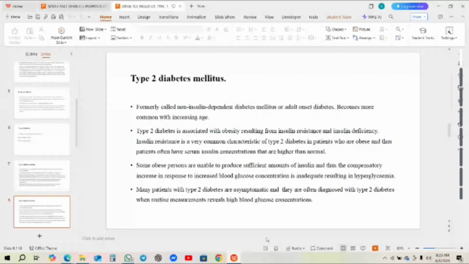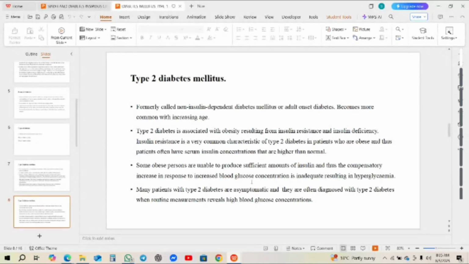Insulin resistance is a very common characteristic of type 2 diabetes in patients who are obese, and thus patients often have serum insulin concentrations that are higher than normal. Some obese persons are unable to produce sufficient amounts of insulin, and thus the compensatory increase in response to increased blood glucose concentration is inadequate, resulting in hyperglycemia.